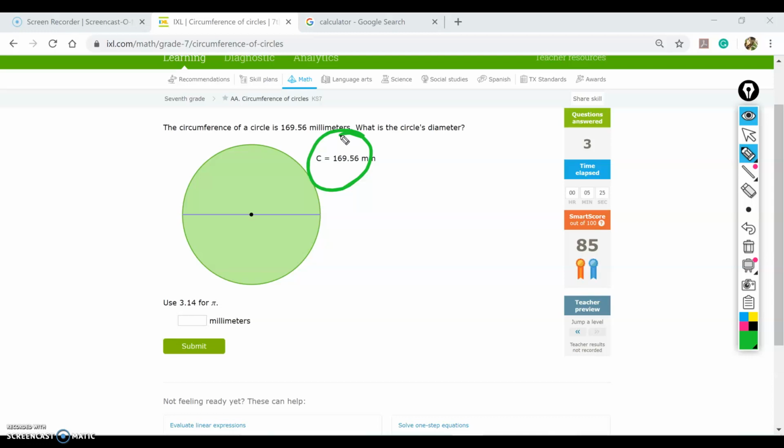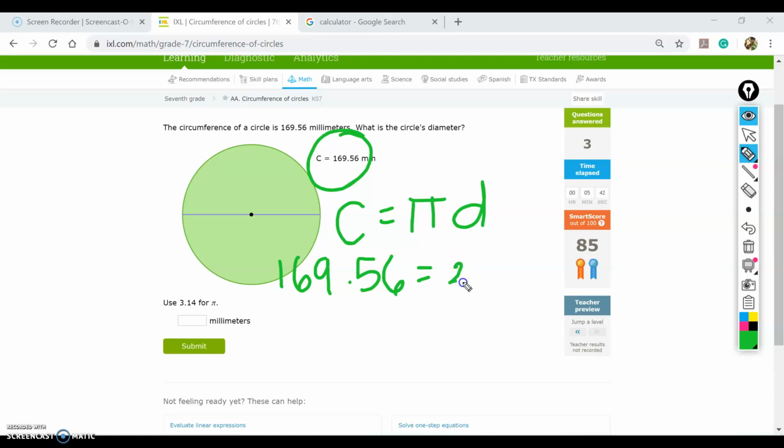Well, you need to remember that the circumference is equal to pi times the diameter. So I need to have the diameter, but that's what they're asking me to find. But they're giving me the circumference. The circumference is 169.56. And I know that it's 3.14 times d. So if I want to find the diameter, I need to do the opposite operation on this section here.